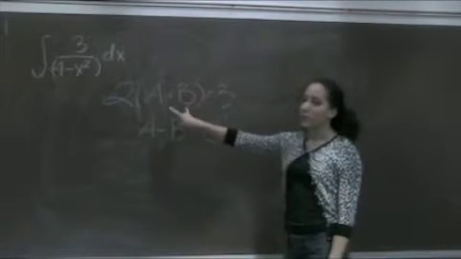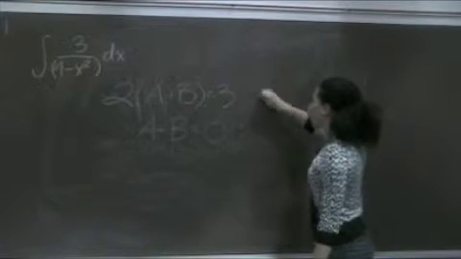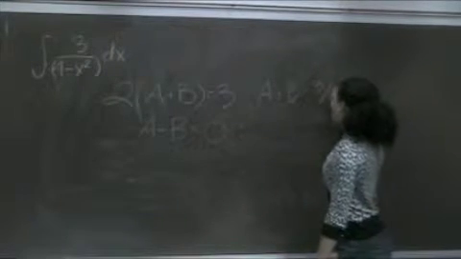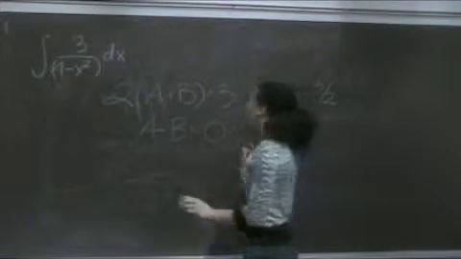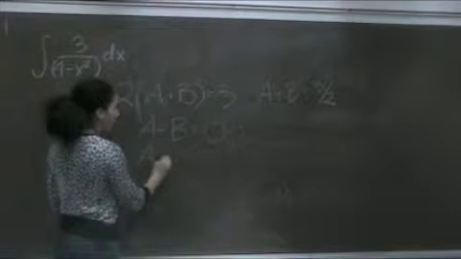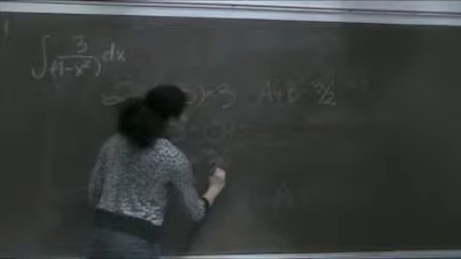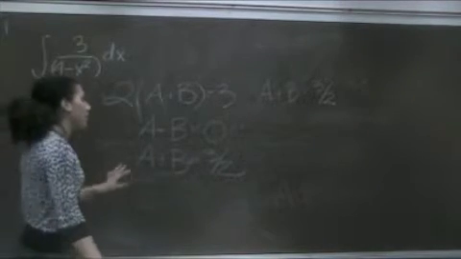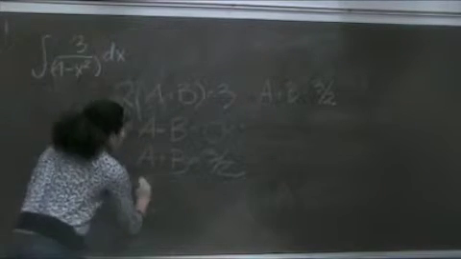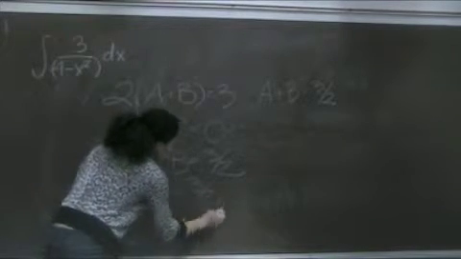So we left off with these two equations. To get A and B by themselves, in the first equation all we have to do is divide both sides by 2, and that will leave us with A plus B equals 3 halves. Now we have two equations that are easy to add, and that will give us one equation with one variable. If we add these two together, the B's will cancel, and we're left with 2A equals 3 halves.